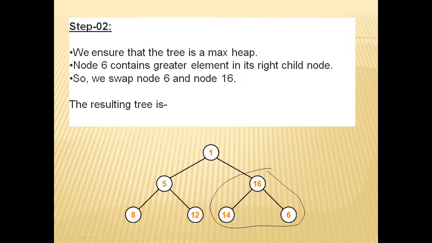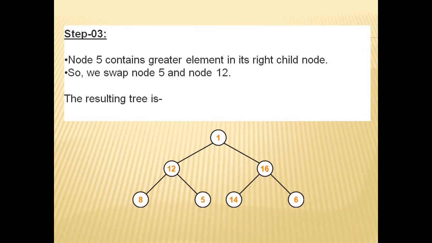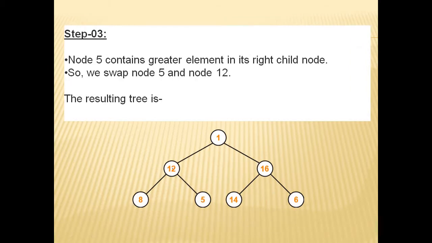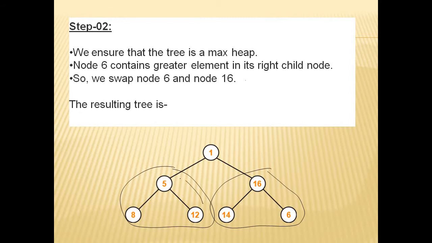Next, we need to find out here in this part. Node 5 contains a greater element in its right child, so we need to swap node 5 with node 12. So we did the swapping.